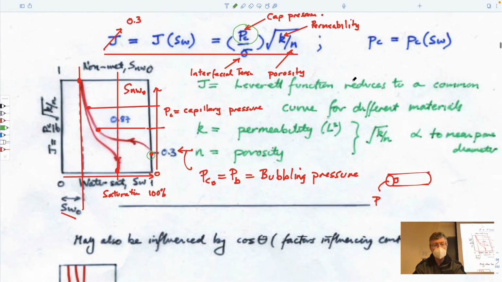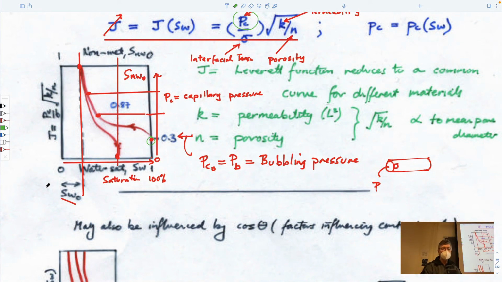The other thing is, we can always use this form of the curve as a template to think of this response for any material. Clay, sandstone, fractured rock, this is probably not a bad template, so maybe we can get away with never doing an experiment ever again, at least for capillary pressure. We might still have to measure permeability.